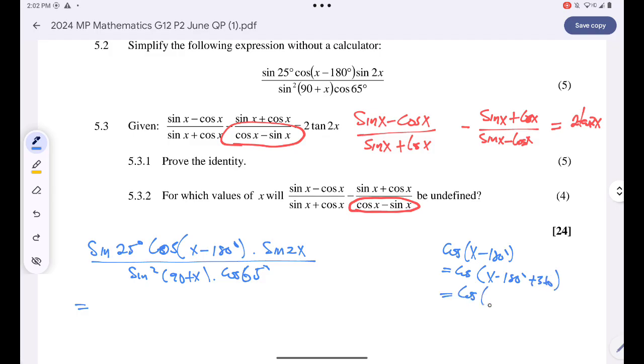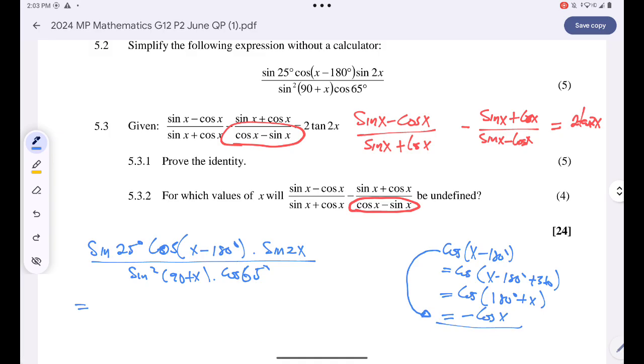And then I'll end up having cos of, negative 180 plus 360 is just positive 180 degrees plus x. Now I can simply reduce this angle over there. If I reduce this angle, 180 plus is in the third quadrant. In the third quadrant, cos is negative. So this will simply be negative cos x. Are we together? So this guy over here, cos of x minus 180, is the same as negative cos x.